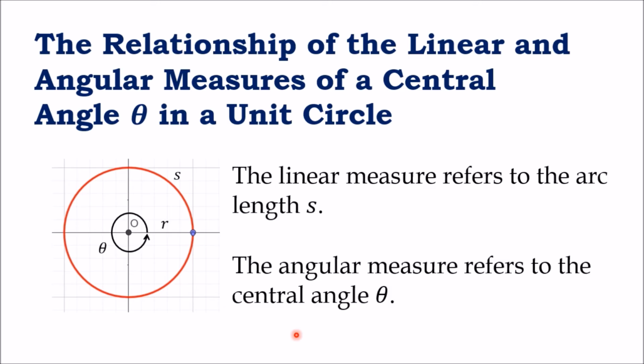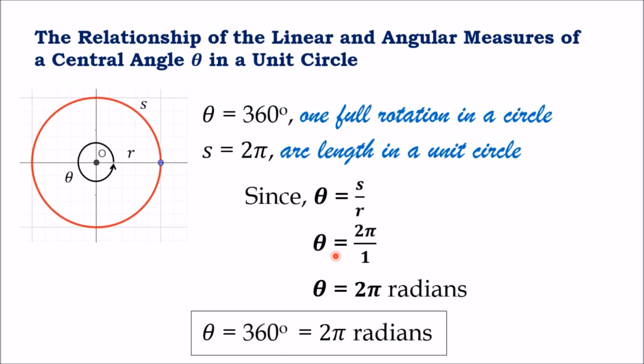Remember that one full rotation in a circle is 360 degrees, or we can say that theta is equal to 360 degrees. Earlier, we derived that the circumference of a unit circle, denoted by s, is equal to 2 pi.